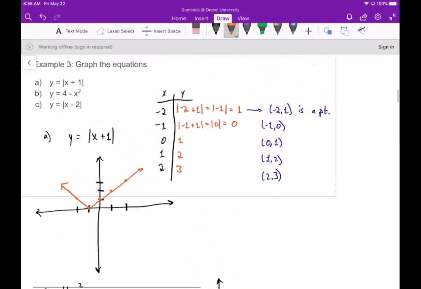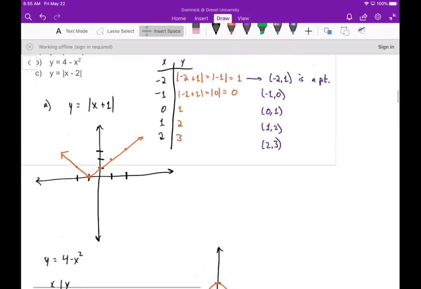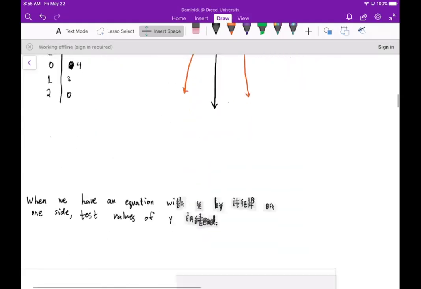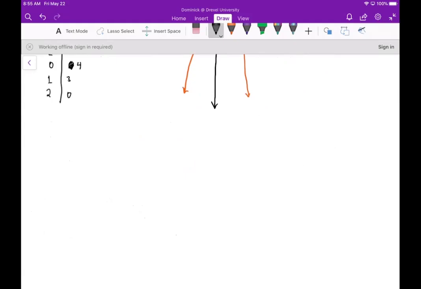Okay, so then the last one is y equals the absolute value of x minus 2. Okay, so we'll do another table of values.